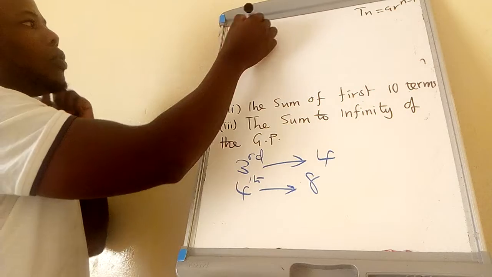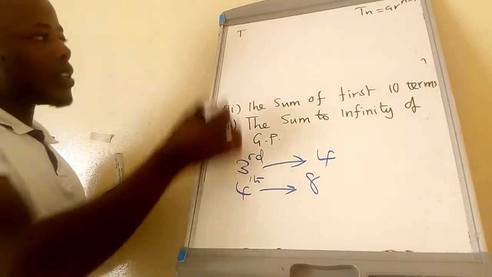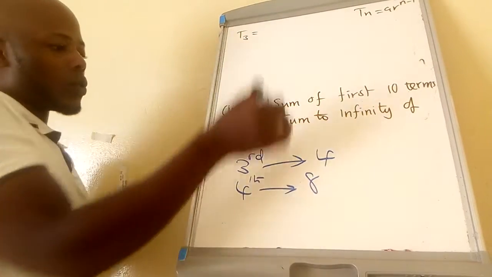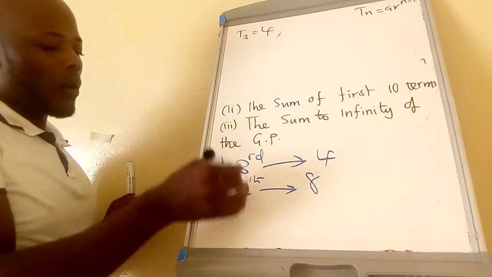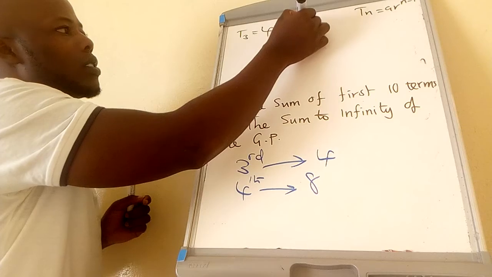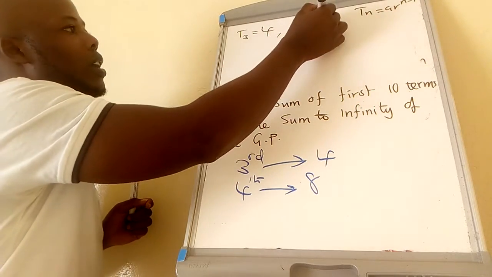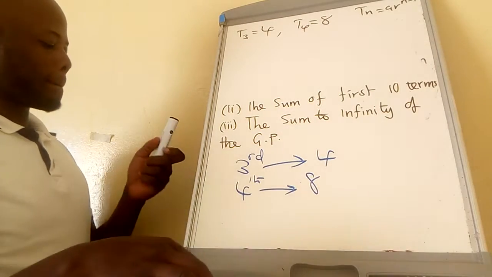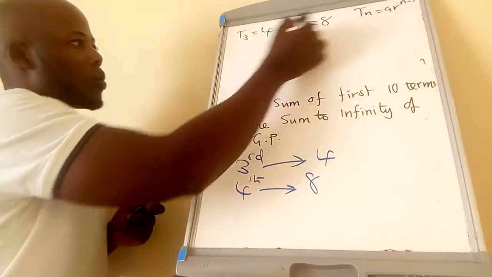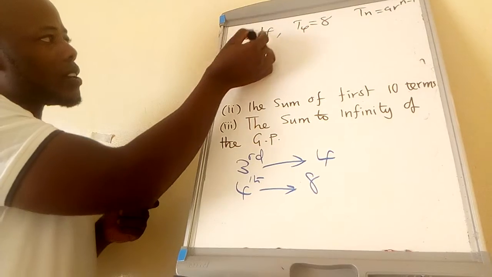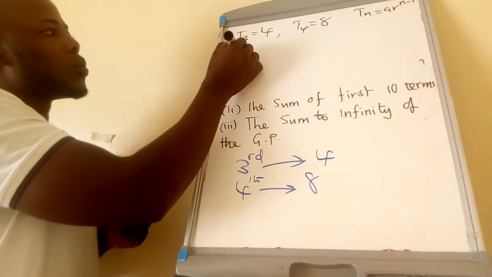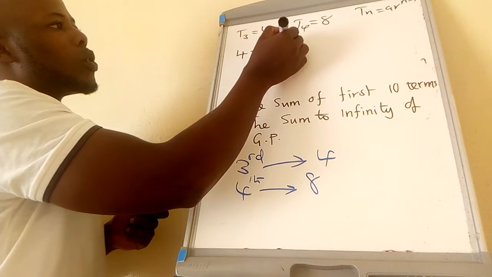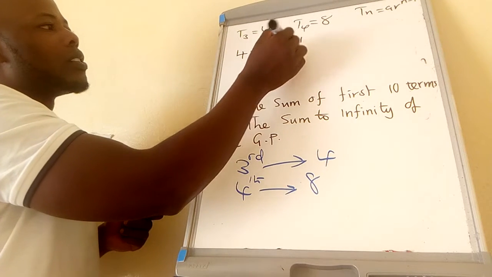So we know the third term: at n equal to 3, T3 is equal to 4. What about the fourth term? T subscript 4 is equal to 8. We'll now use our formula. At the third term, the number is 4, so we say 4 is equal to A multiplied by R to the power n minus 1.